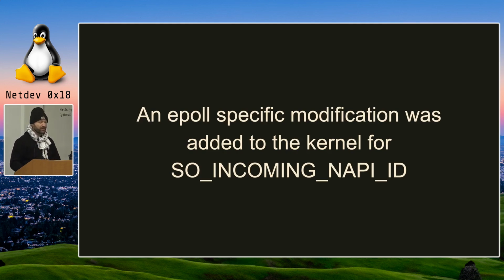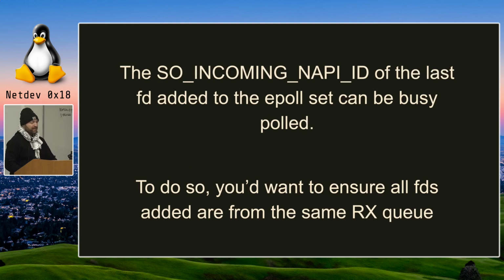But there is an epoll-specific modification that was added to the kernel for SO_INCOMING_NAPI_ID. The SO_INCOMING_NAPI_ID of the last file descriptor added to an epoll set can be busy polled. To do so, you'd want to ensure that all file descriptors added to the epoll set are from the same receive queue, because it's the last one in wins, basically.